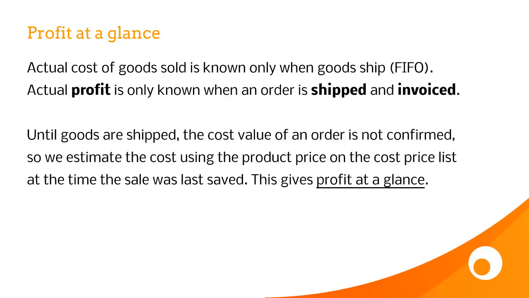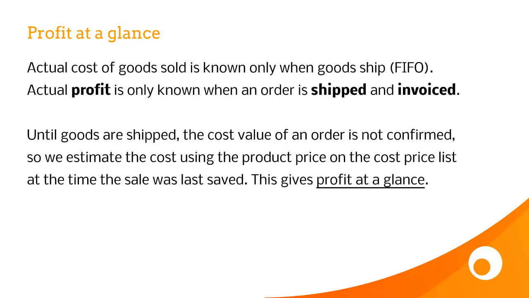So a couple of important points. The actual cost of goods sold is known only when the goods ship, using the first in, first out methodology, and the actual profit on an order is known only when the order is shipped and invoiced, so shipped for the cost of sales and invoiced for the revenue. However, in the real world, you probably want to see profitability regardless of whether orders have been shipped or invoiced.